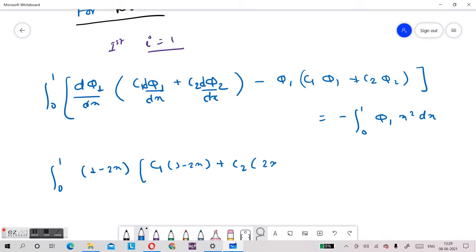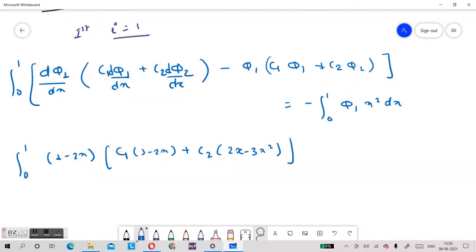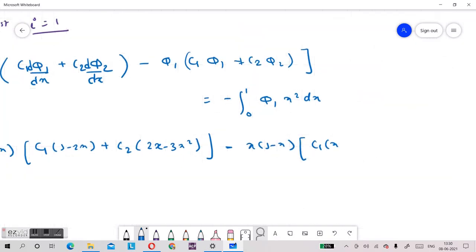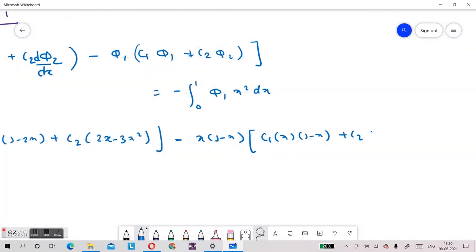Then minus phi 1, which was x times 1 minus x, and c1 x times 1 minus x plus c2 x square times 1 minus x. And this equals minus integral 0 to 1 of x times 1 minus x times x square dx.